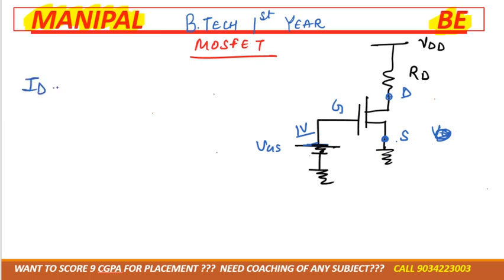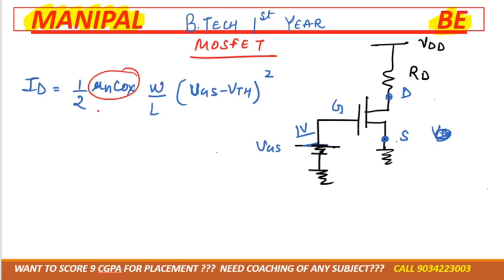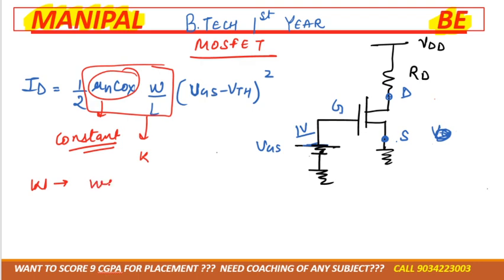In this you need to remember the ID formula, that is 1 by 2 mu Cox W by L bracket VGS minus VTH whole square. What are mu and Cox? These are constants. If it is not given, you can consider the whole thing as K. K is also a constant. W is the width, L is the length. VGS is the gate to source voltage.